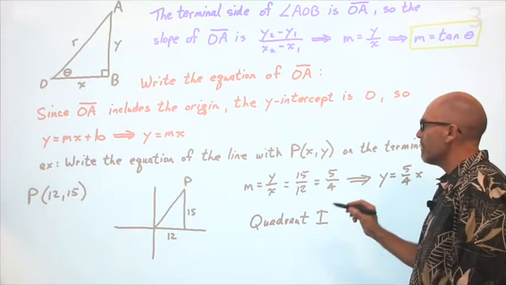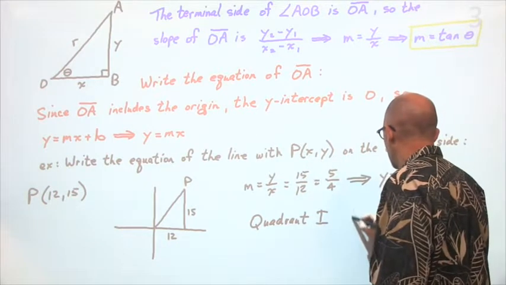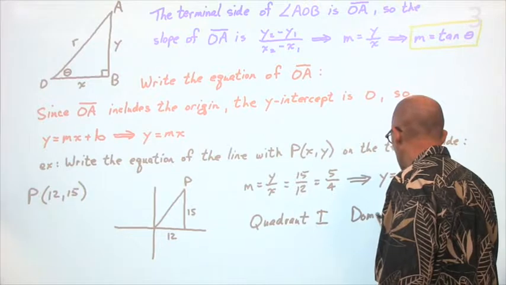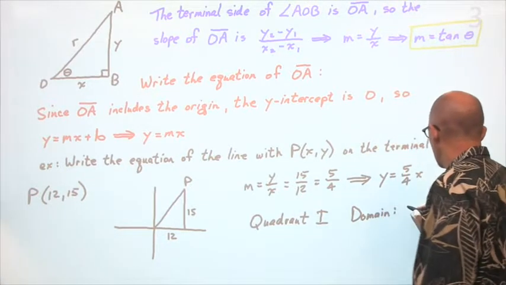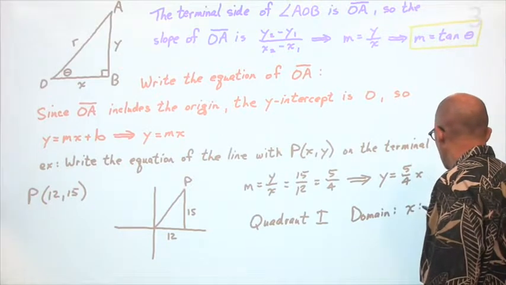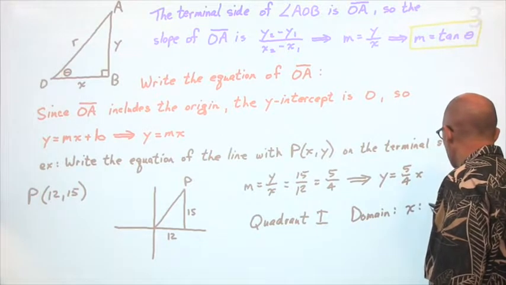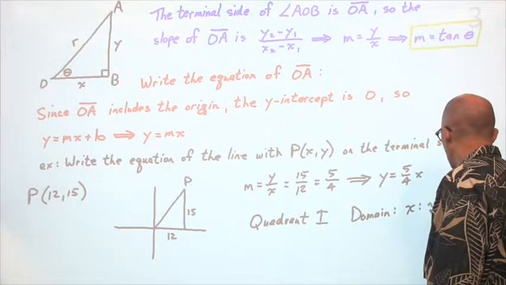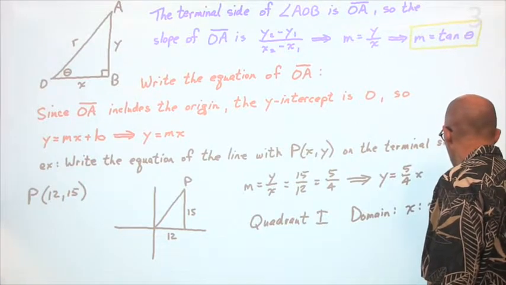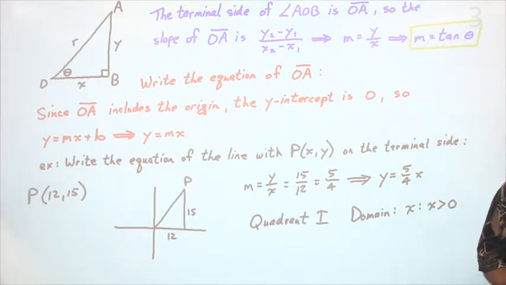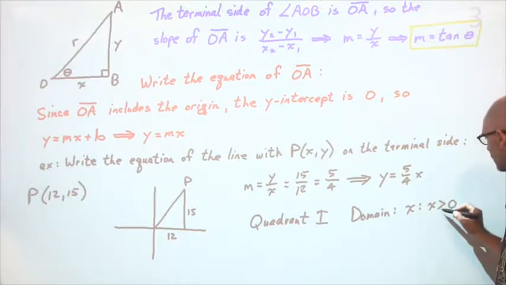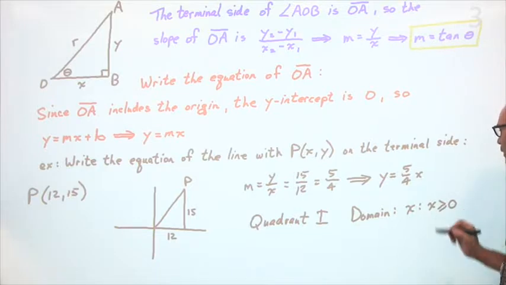And the domain is going to be all x values such that x is greater than or equal to 0. Actually, just x greater than 0. Now, in your book, they actually do have greater than or equal to.